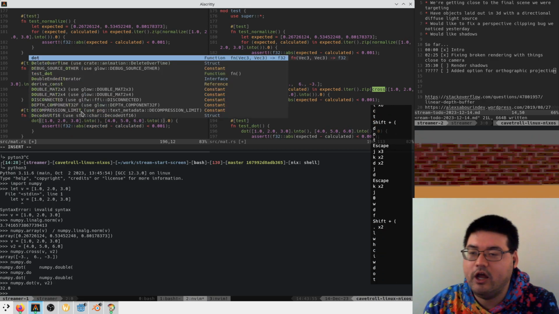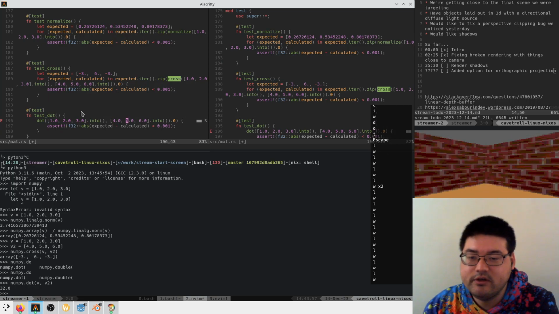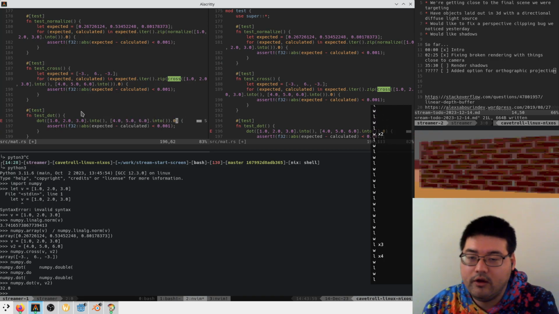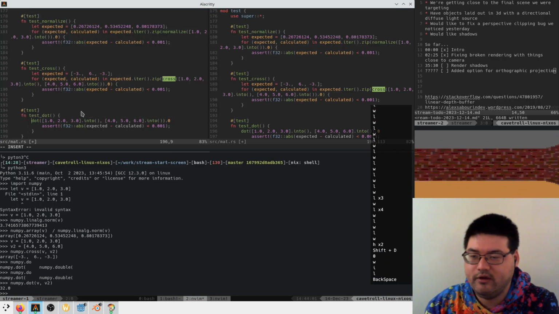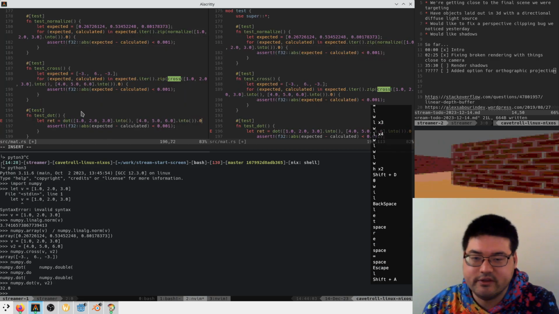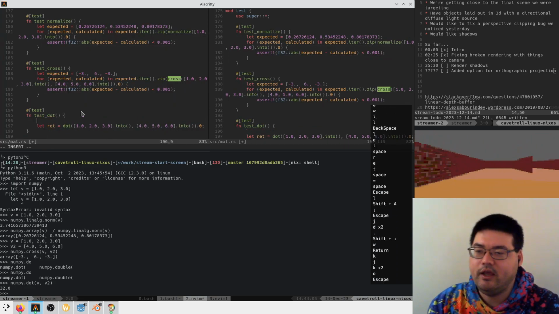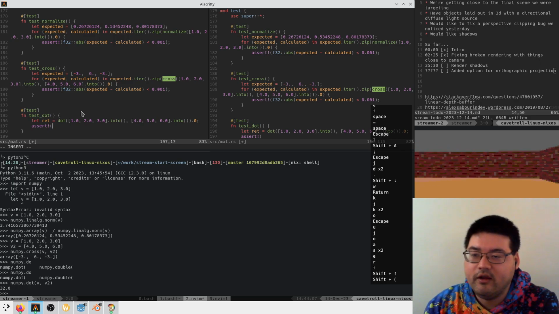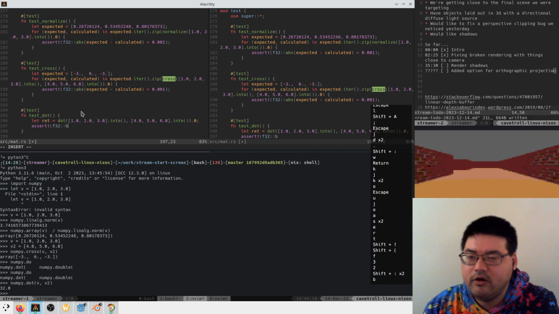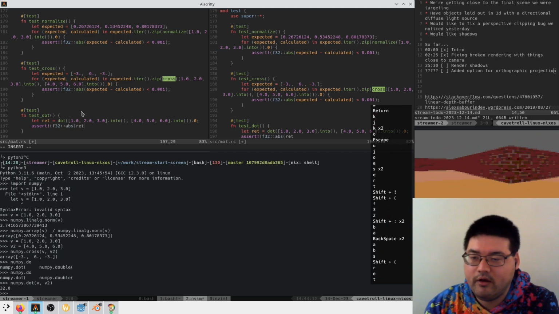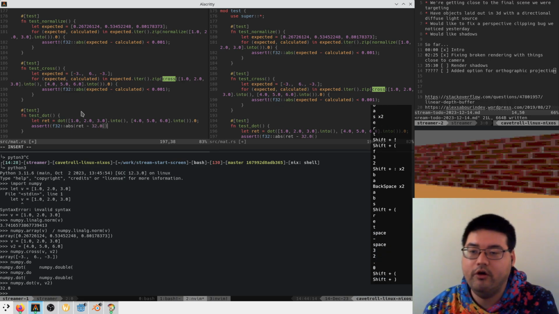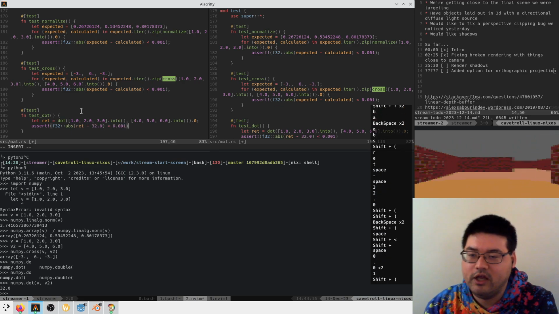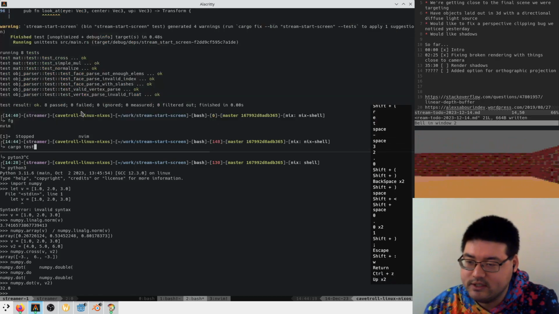So we say dot 1, 2, 3, and 4, 5, 6. We say let ret be the dot product of these, and we can assert that the absolute value of ret minus 32.0 is less than some small epsilon. Easy peasy.